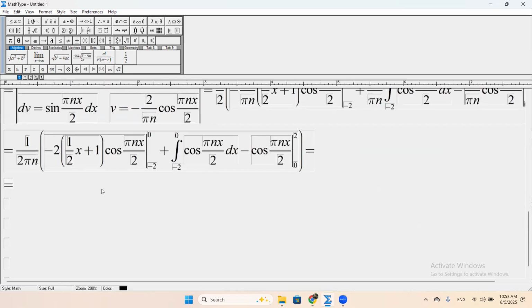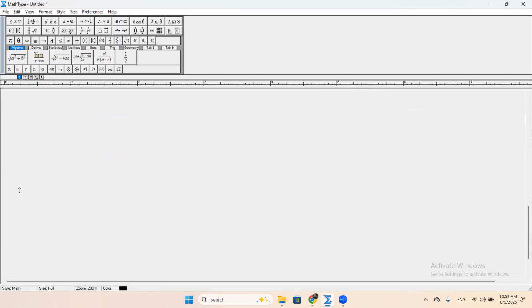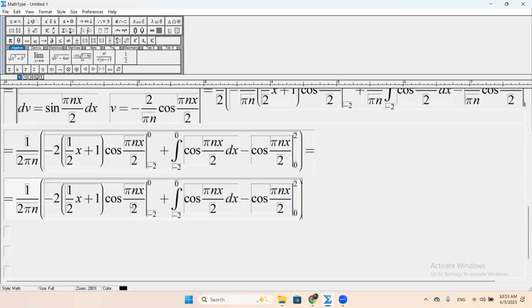So it's better. And now let's continue calculations. If I substitute 0 here, it will be 1. And here will be 1.